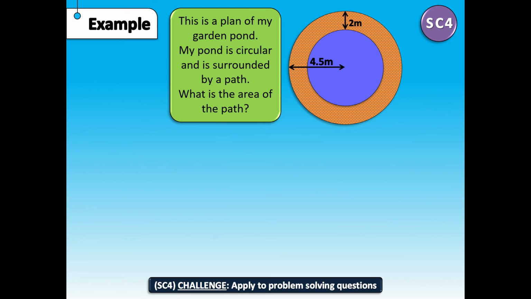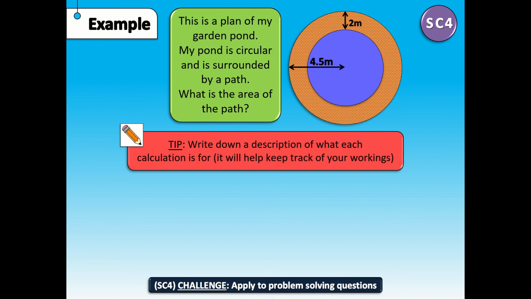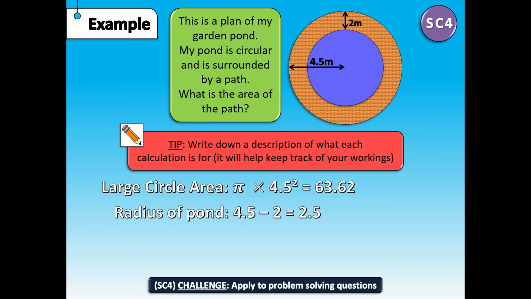So this is a plan of my garden pond. My pond is circular and is surrounded by a path. So what is the area of the path? So we need to write down a description of what each calculation is for. This will help us keep track of our working. So we can work out the area of the larger circle, then the area of the blue circle.